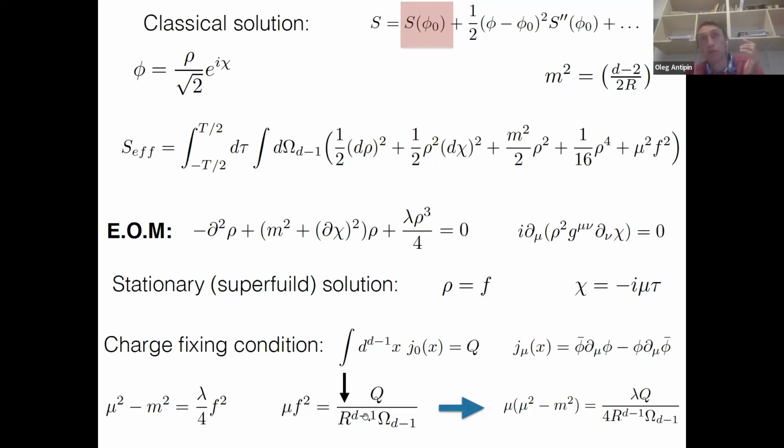There is a three-volume, and this is the charge. So the charge fixing condition boils down to this: mu times f squared is exactly the charge density. That's why mu times mu f squared gives you this term, mu times q. This is my charge fixing condition; it fixes the system to be at fixed charge q.